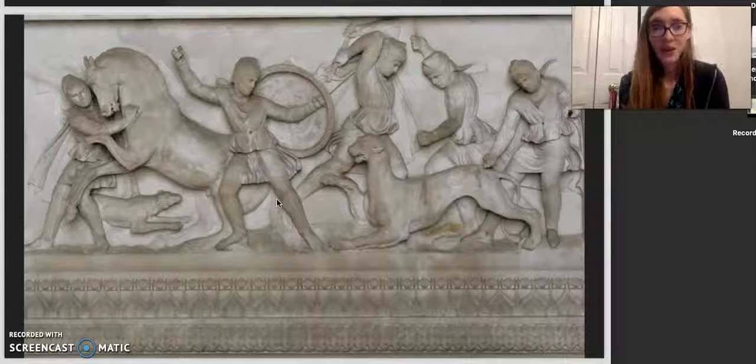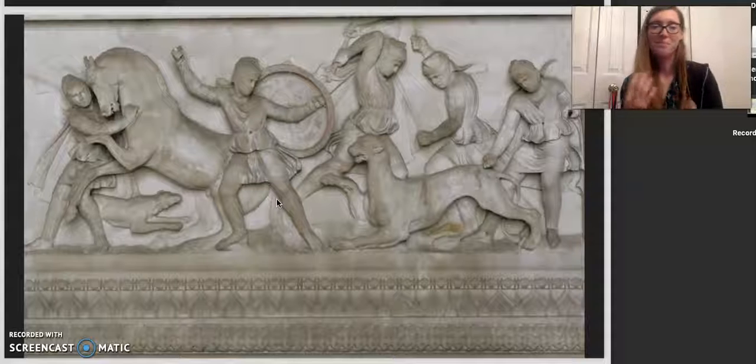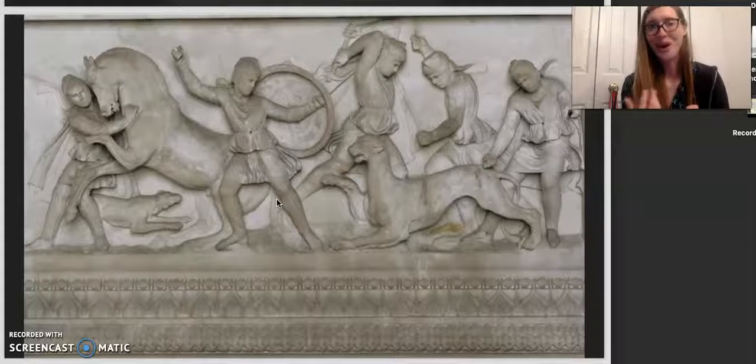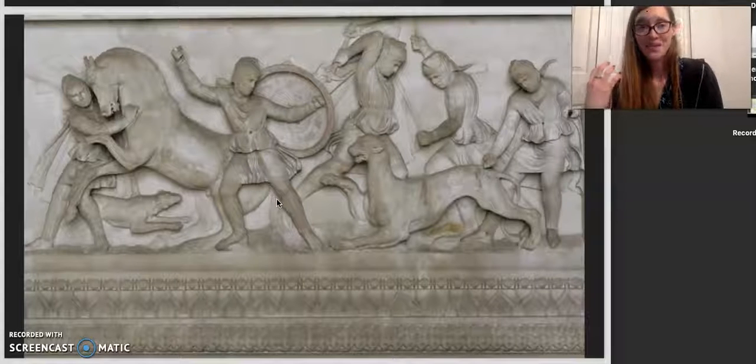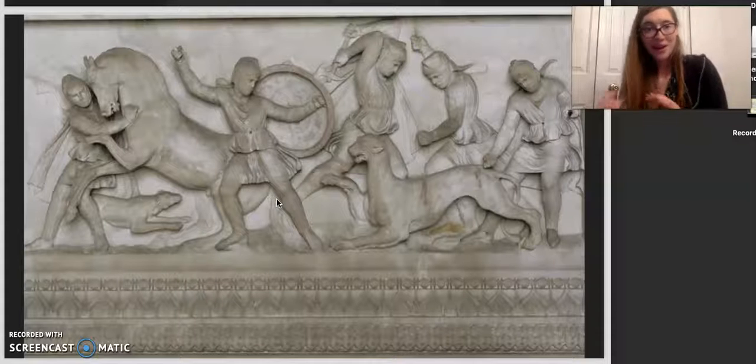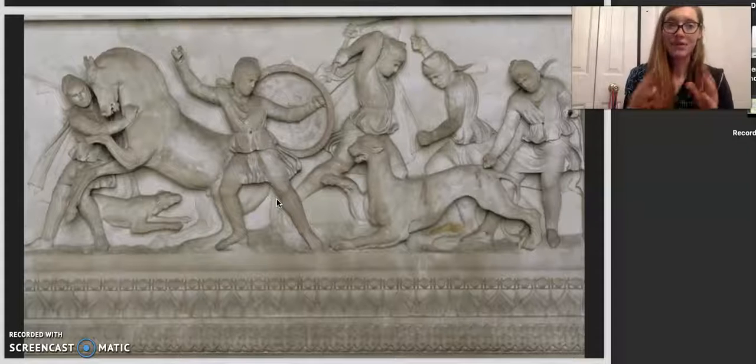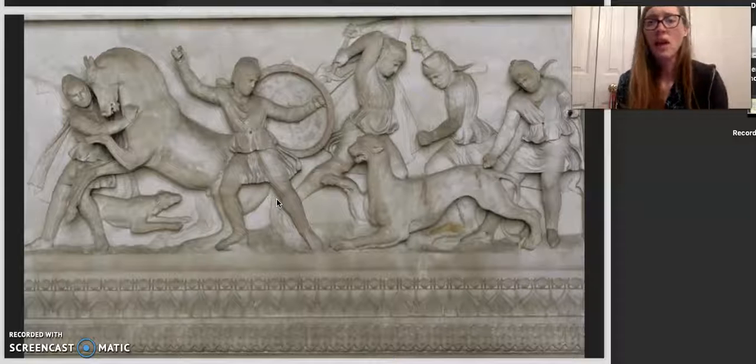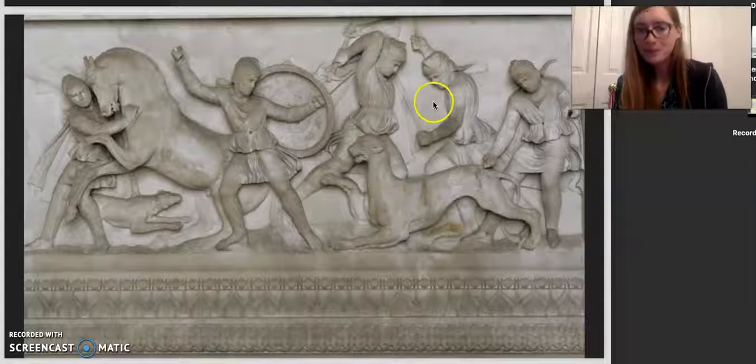So here we see the Persians, who in much of the Greek art that we've been looking at are often shown as defeated characters, subjugated to Greek betterness. Here we see them in the driver's seat, in control, taking on a wild animal.